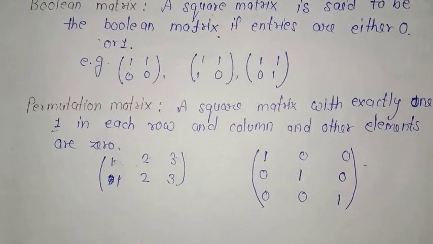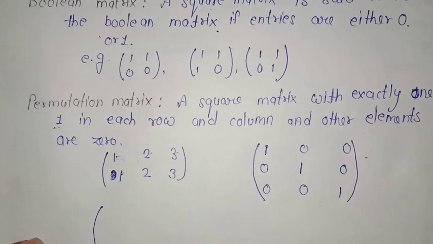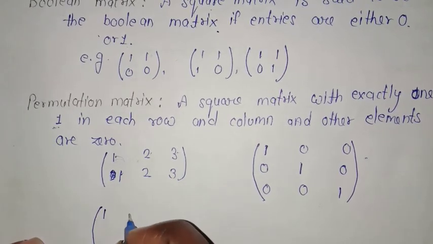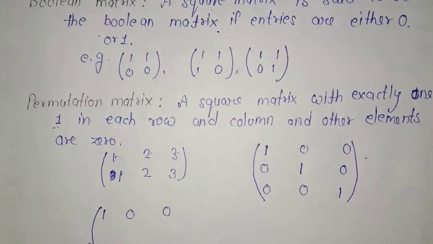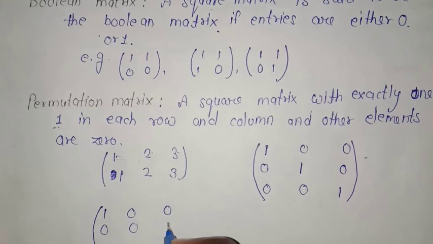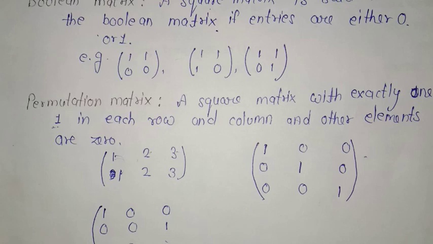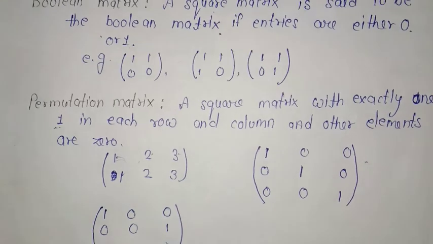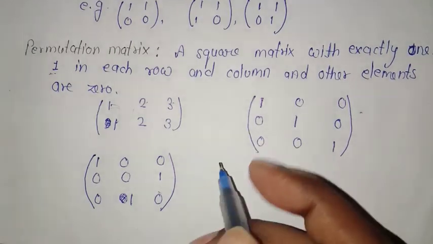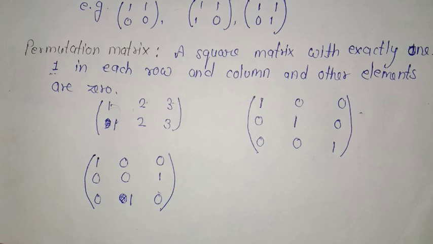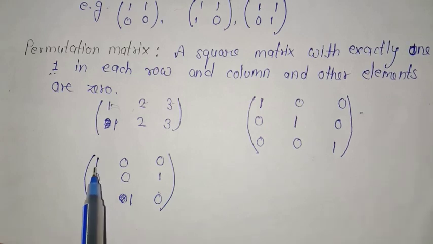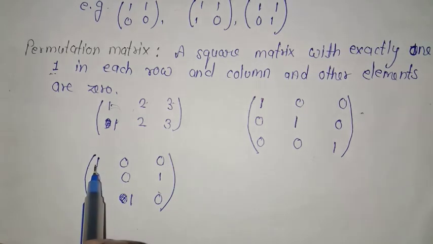Now I am going to take one more example. This time I am taking a permutation matrix, and with the help of this we will form a permutation. So this is our matrix. If I want to make a permutation, how can we make it? This first entry represents that 1 is going to 1.